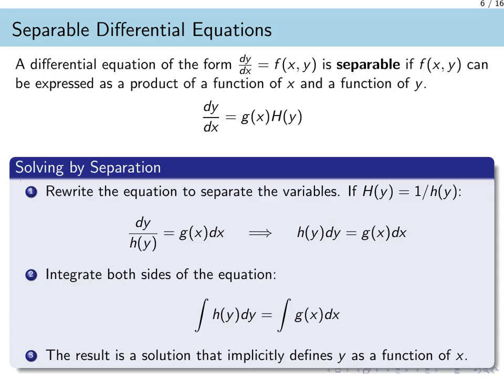The strategy is a straightforward two-step process. First, we rearrange the equation to gather all terms involving y, including the differential dy, on one side and all terms involving x, including dx, on the other.